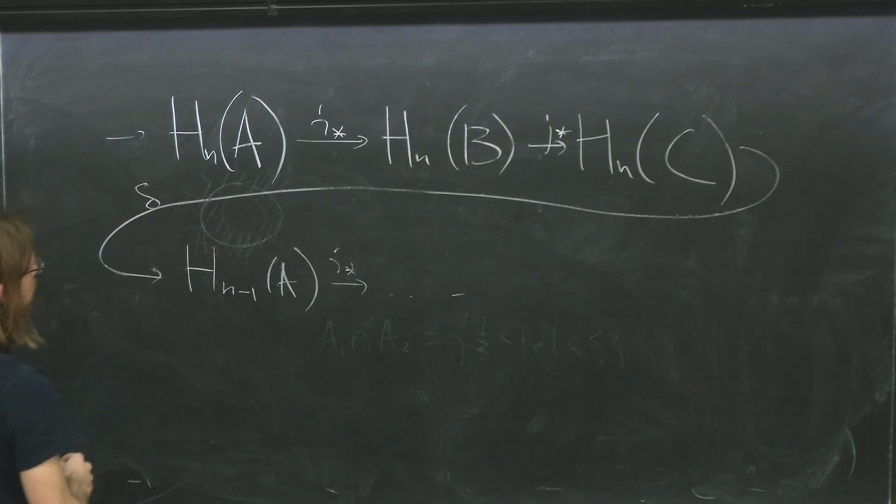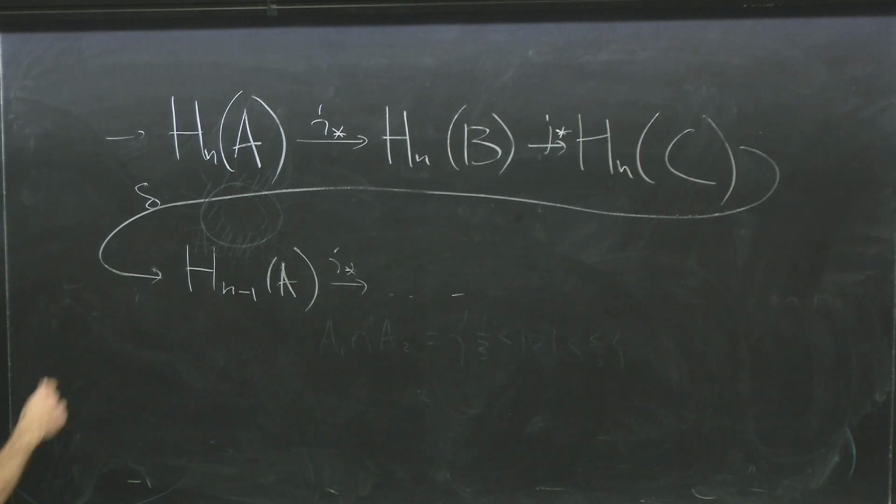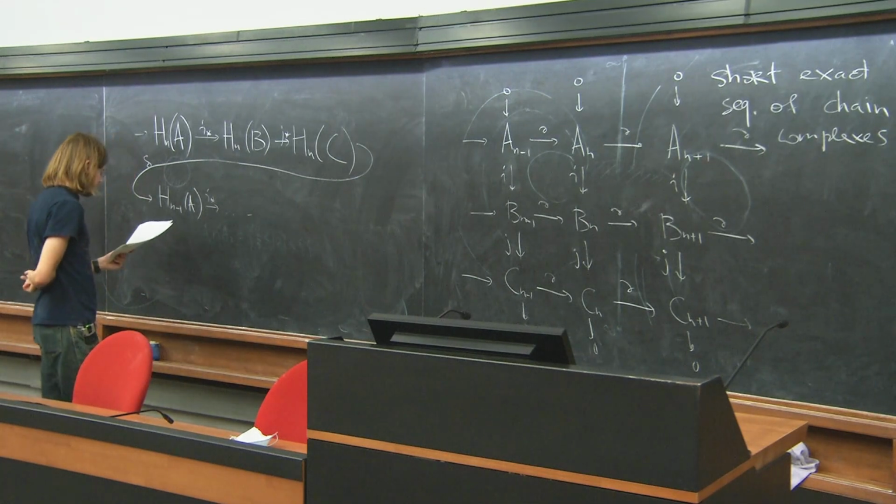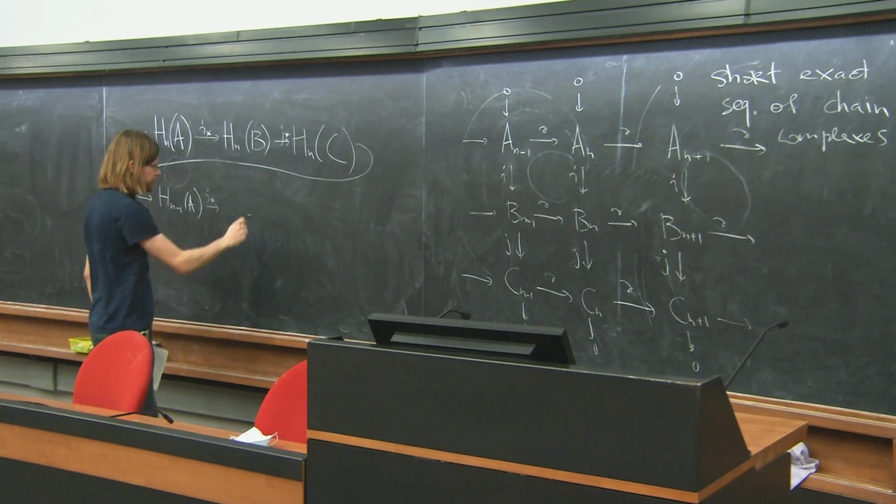So one of our goals is to construct this map delta, and the other goal is to check that this indeed will be a long exact sequence. First, we need to define this delta map.